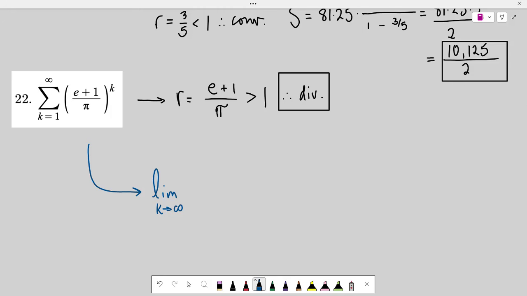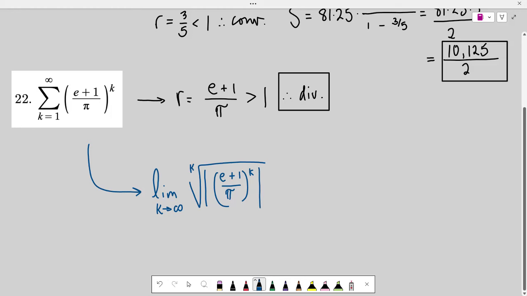All right, so the kth root of the absolute value of e plus 1 over pi to the k. So we've got that. And like everyone has observed, the k's just cancel. So we get this. And what is the limit of that? e plus 1 over pi is the limit. It's a constant.